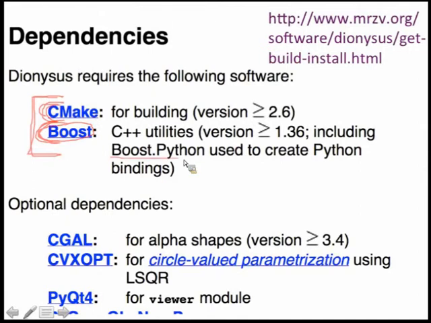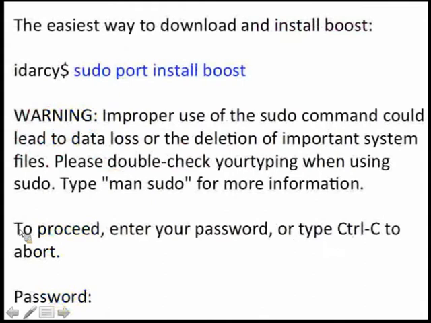Most Boost header libraries do not need any installation, but there are a few in Boost that Dionysus does use that do need to be installed. So instead of downloading it, I'm going to delete a few slides and cut off some of the video from last time, because instead of downloading Boost, it is a lot easier to use this command right here.